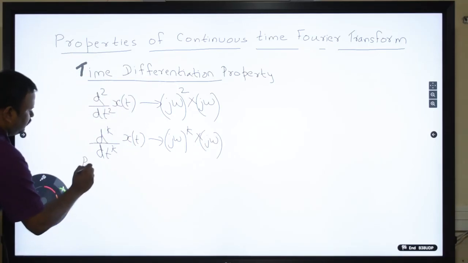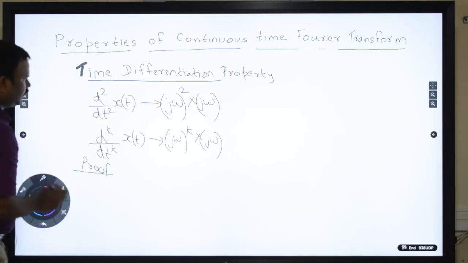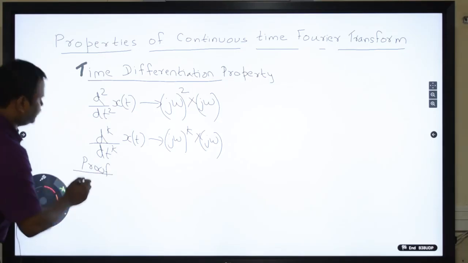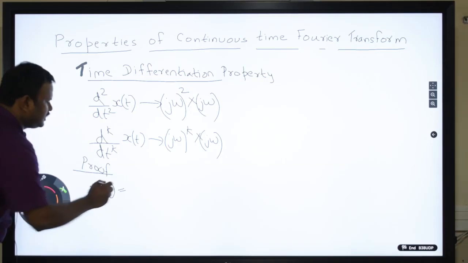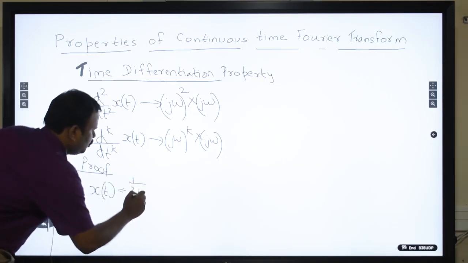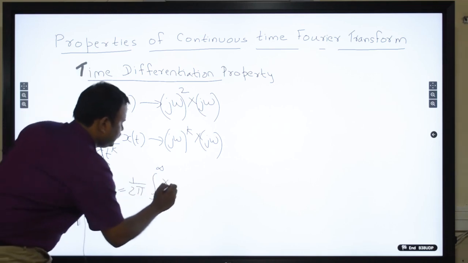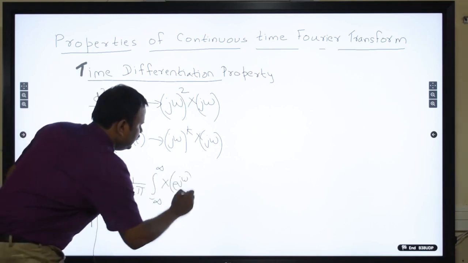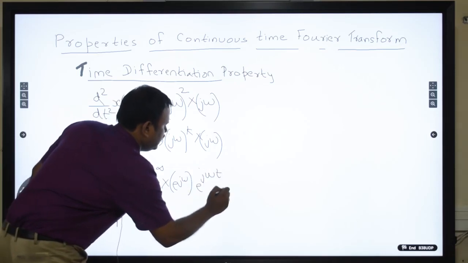Next, coming to the proof. Okay. So, again you take the signal x of t whose inverse Fourier transform is given by 1 over 2 pi, integral from minus infinity to plus infinity of X of e power j omega e raised to j omega t d omega.